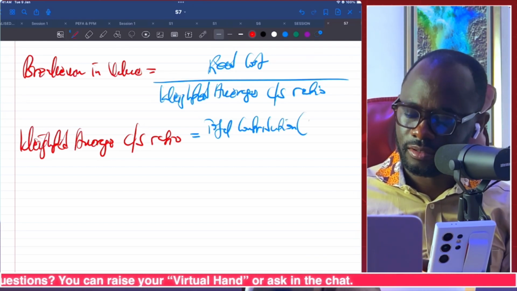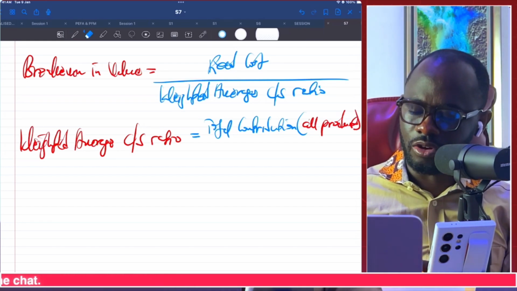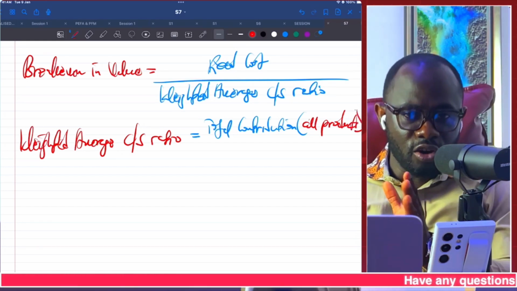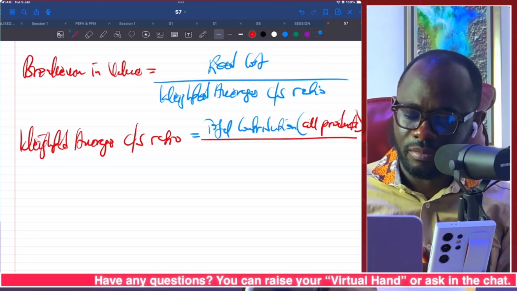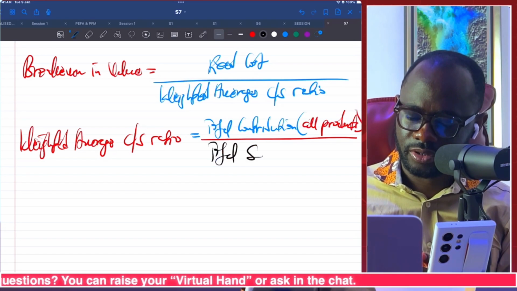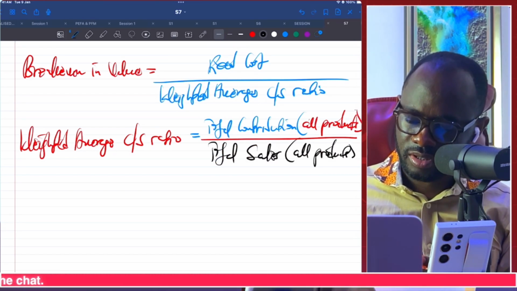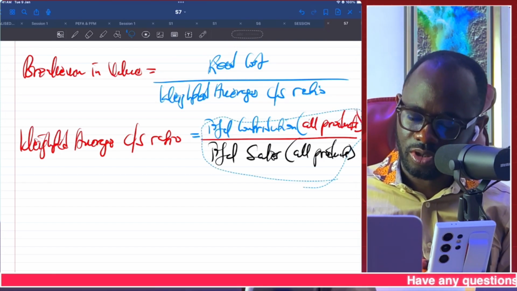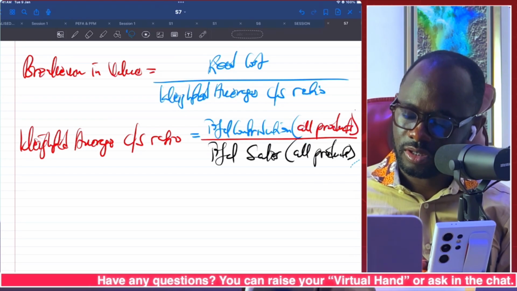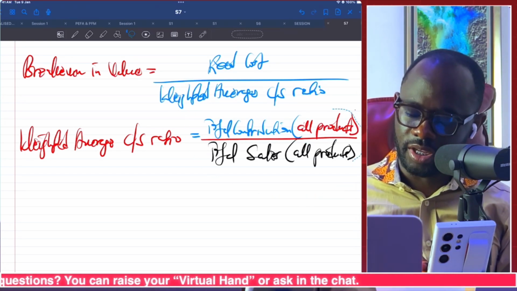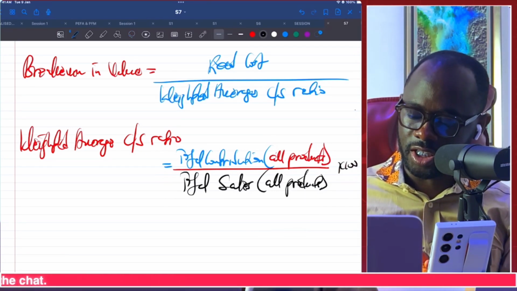in the question. So you calculate contribution for each of the products, then you add it together to get a total contribution for the company, divided by your total sales, again from all the products, times 100. So let me bring this down a little bit so I can work my percentage.